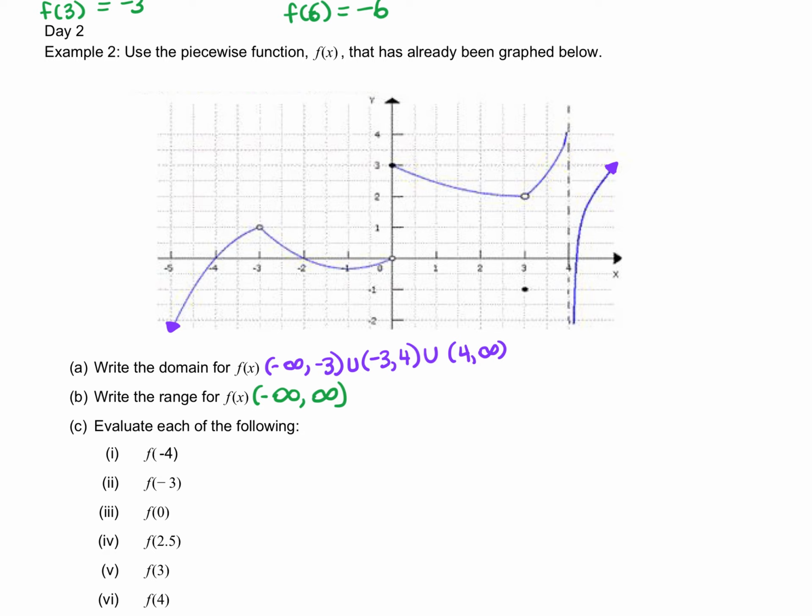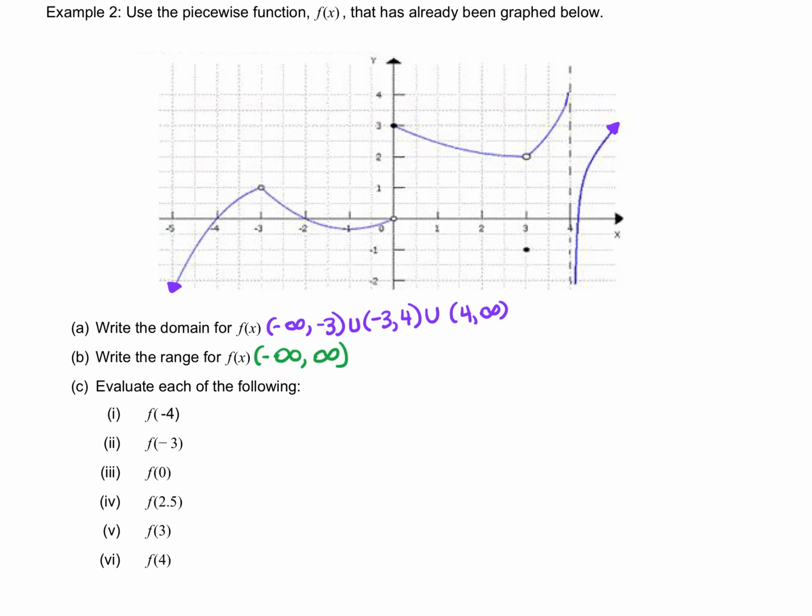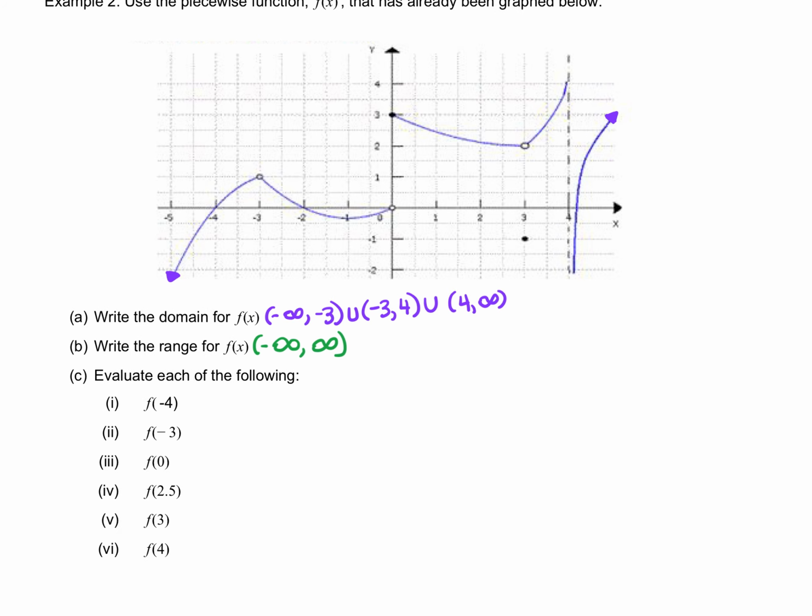Okay, let's go ahead and go through these evaluations together now. So I want to evaluate f of -4. Now we don't have a function to use, an actual equation, so I'm just going to use my graph. I find where x is equal to -4, right here, and what the value of the output is there. So that's the point (-4, 0), so my output would be 0, just using the graph.